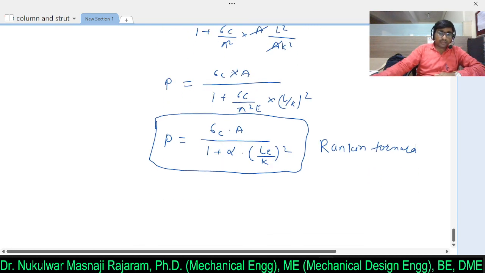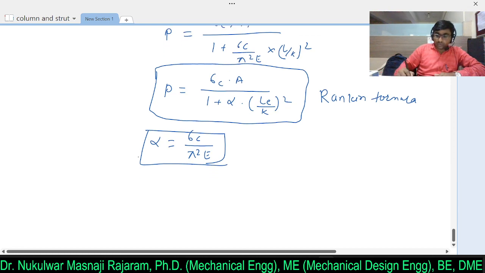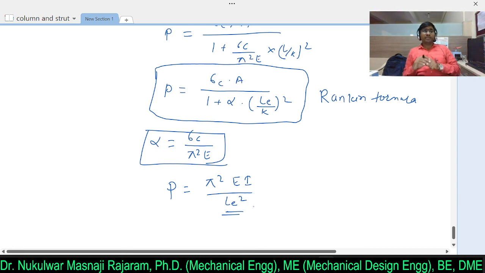Clear. Where alpha is the Rankine constant and its value is sigma c divided by pi square E. And if you want to evaluate the load by Euler's formula, then P is equal to pi square EI divided by Le square. For different conditions, the Le value will be different, which we already learned.